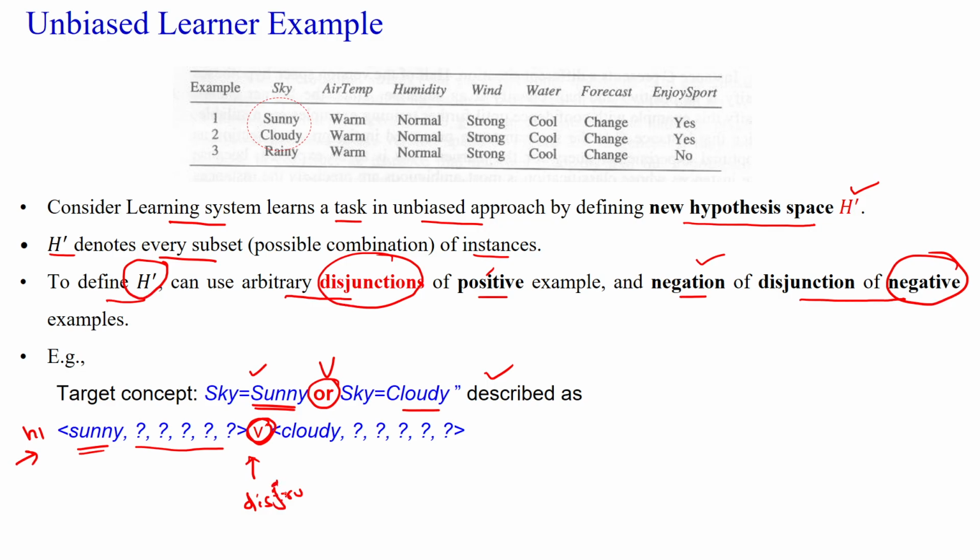In this hypothesis, we have the sky value cloudy, and all the remaining are general constraints. So here we are using two different values. That sample may have the attribute value cloudy or sunny. So this hypothesis will identify the result for two different values of the sky attribute. So this is unbiased towards the examples.